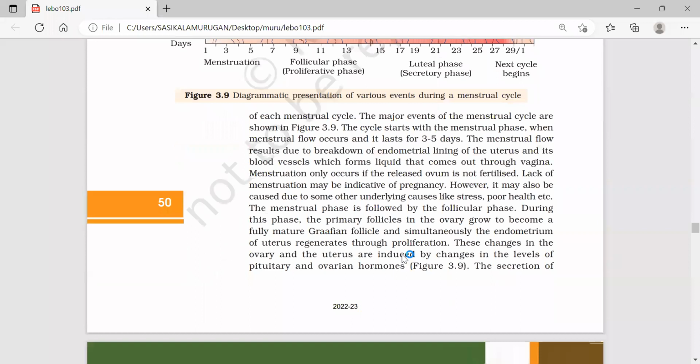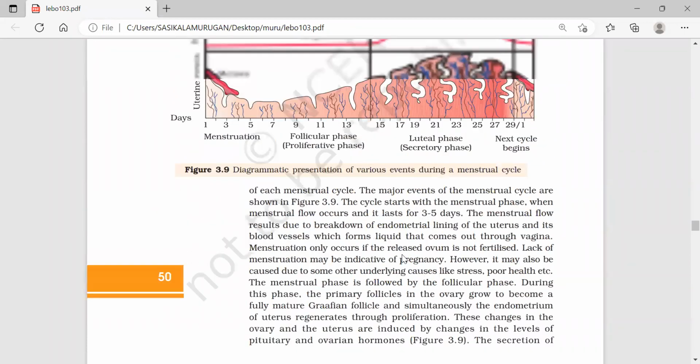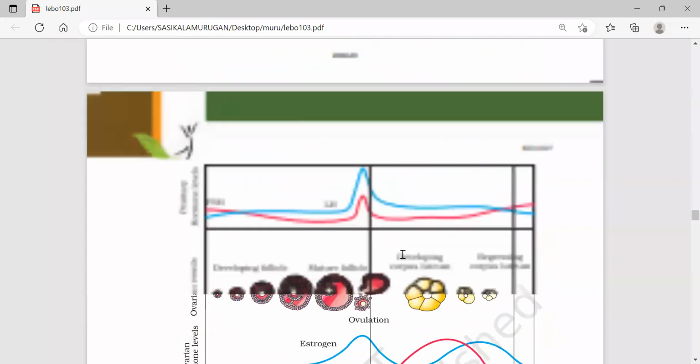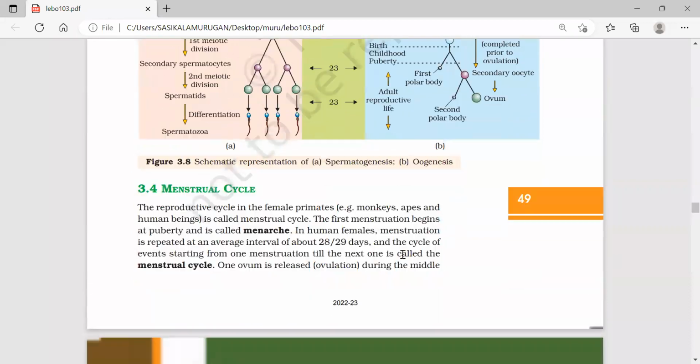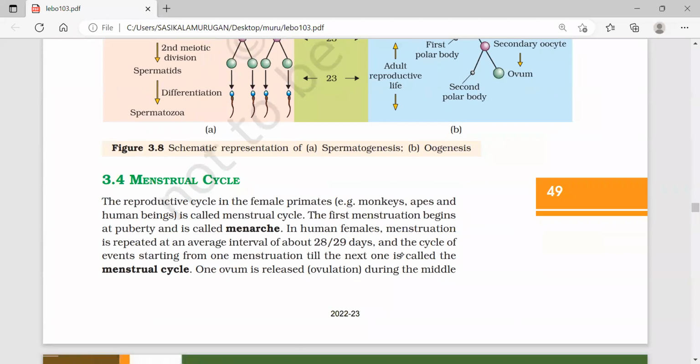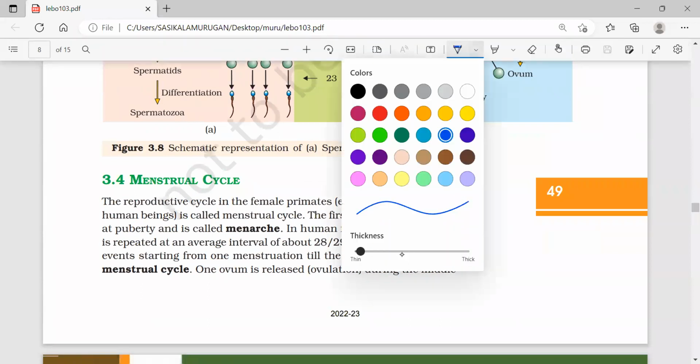We completed the menstrual cycle, or are we going to start? So we need to start, sir. Last class we gave a small introduction, sir, about the diagram. Okay. Right. Thank you. Okay. Today we will start with.